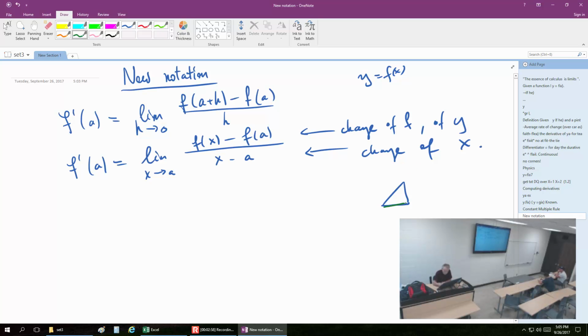Okay, so change of x is horizontal and change of y is vertical. The limit is the tricky part, but it is actually more important to understand that fraction and where it comes from. It is the slope of 2 points on the graph. If these 2 points are getting closer to each other, then you get your derivative.